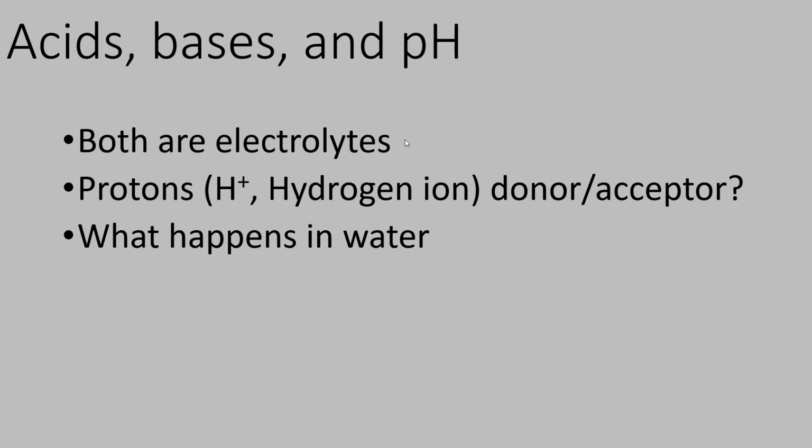So based on that information, let's go forward a little bit. Let's look at pH, acids and bases, and then look at what happens in the body because of pH and how our body maintains pH. The pH scale actually goes from 0 to 14.